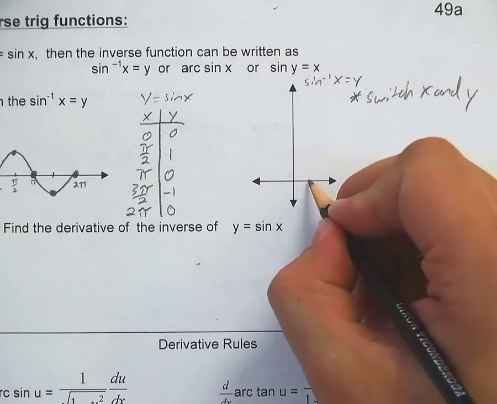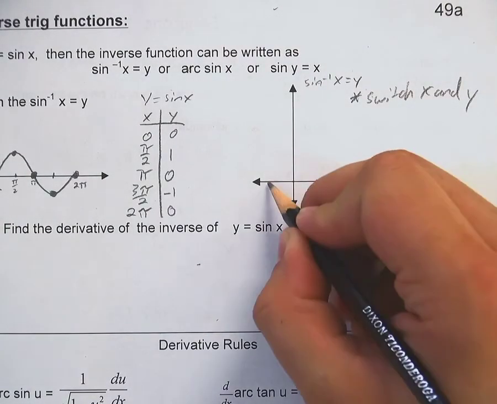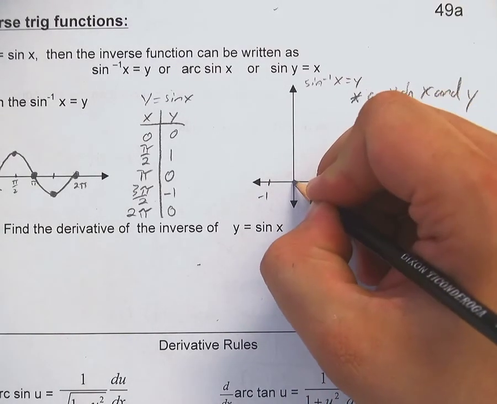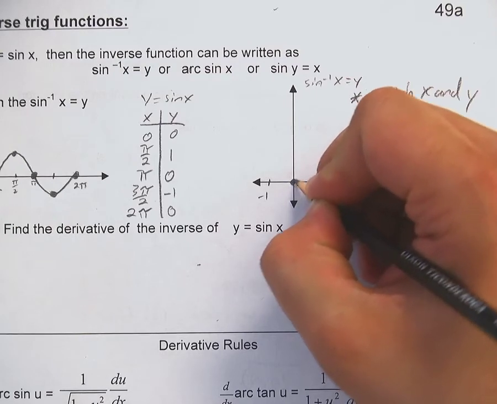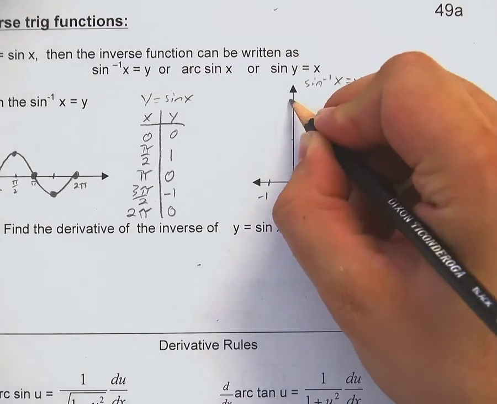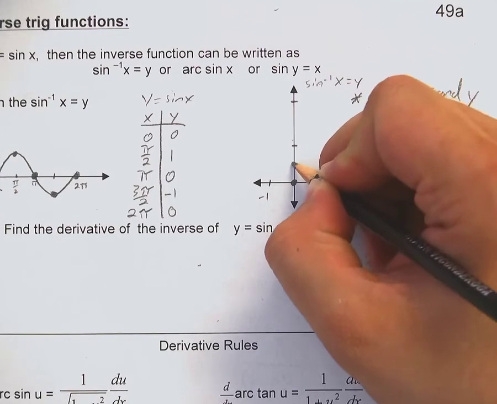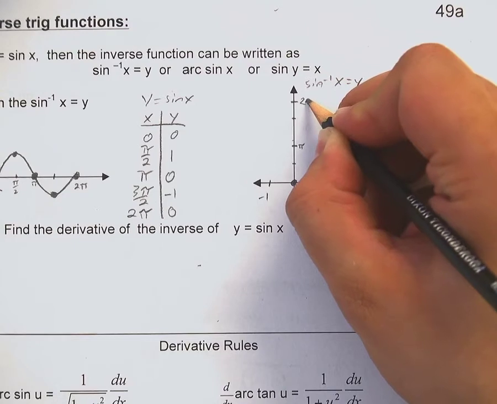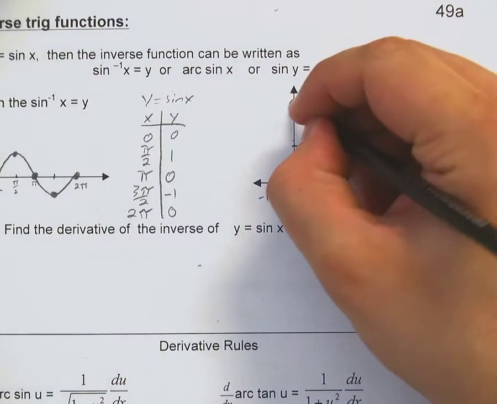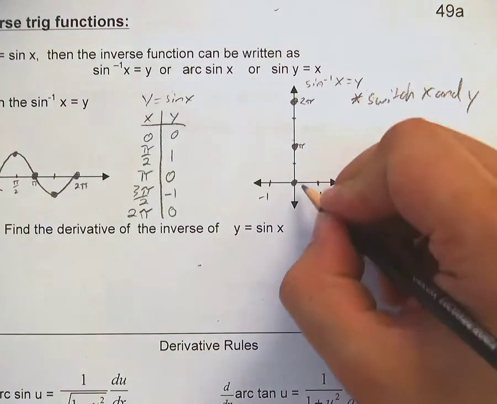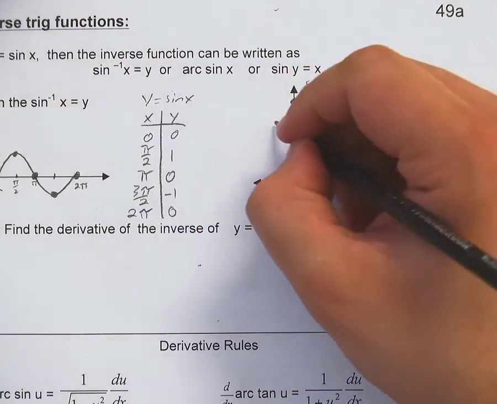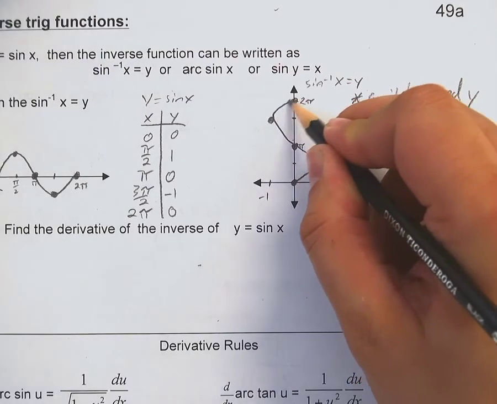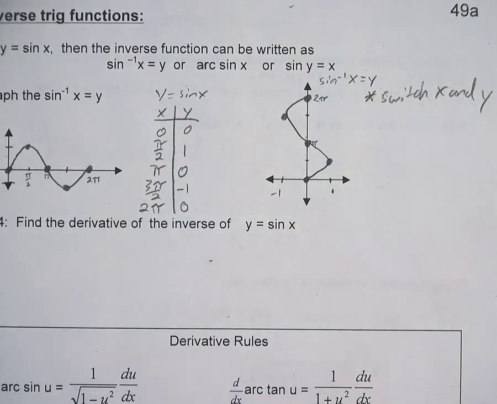So you'll have, let me go to 1 here, -1 here, and then let's say from 0, 0, we'll go to pi over 2, 3 pi over 2, 2 pi, 0, 0, 1 here, 1 here. And that is the inverse sine.